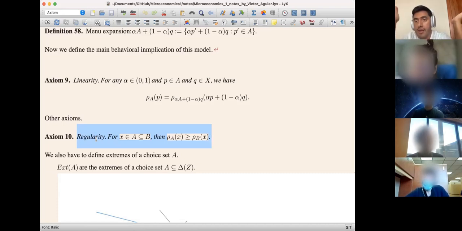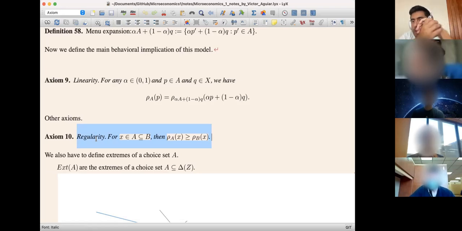This regularity axiom is telling me that the probability of X in menu A has to be greater than or equal to the probability of X in the larger menu. So what this is saying is that as more alternatives enter the choice set, random utility is predicting that the probability of choice of X can only go down.